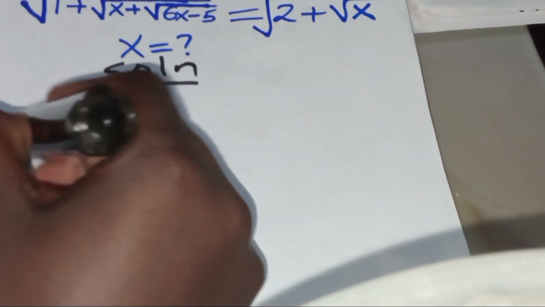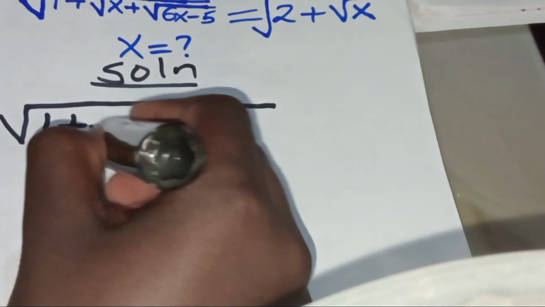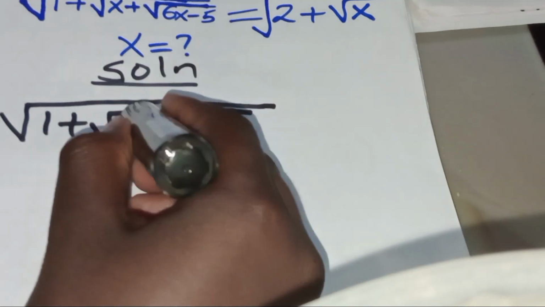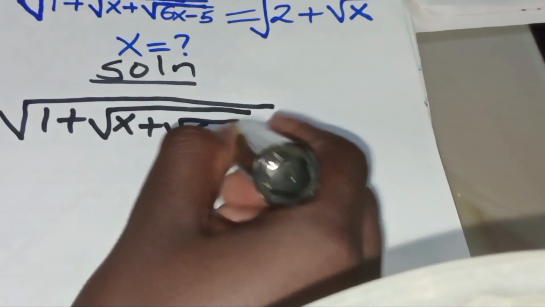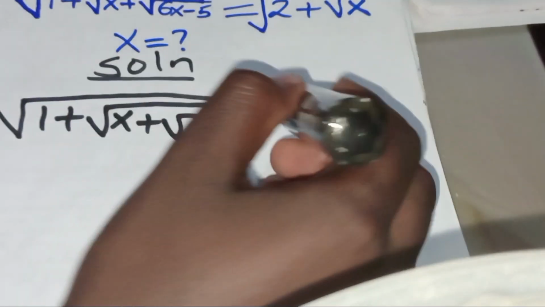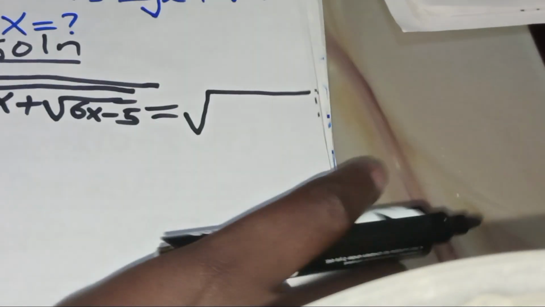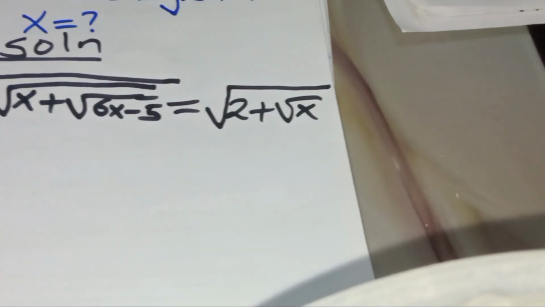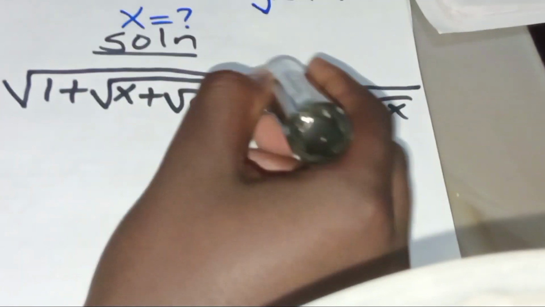We have the square root of 1 plus square root of x plus square root of 6x minus 5, which is equal to the square root of 2 plus square root of x. So the first thing to do here, we square both sides.